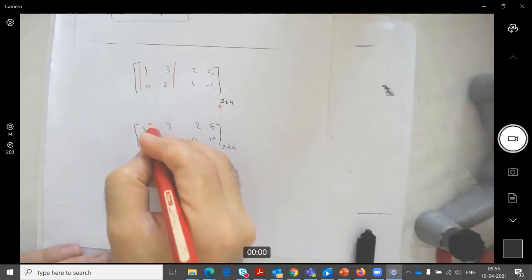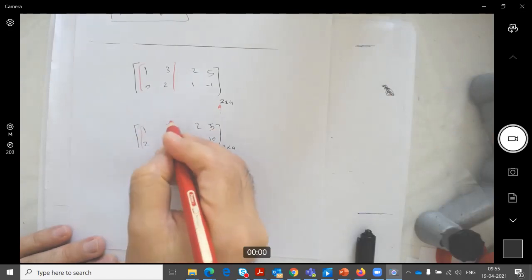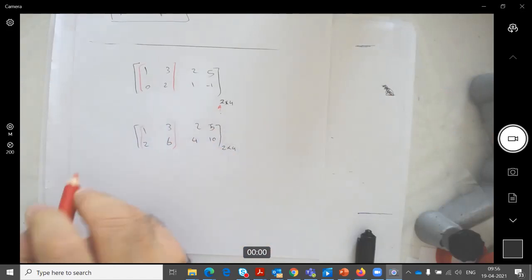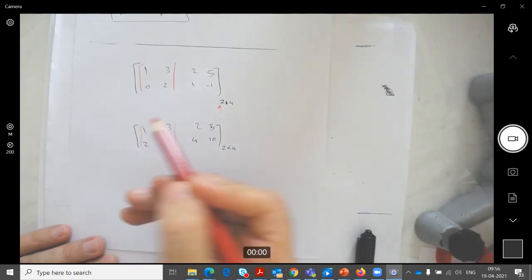Because you don't have two independent rows, because the second row is exactly a function of the first row. So it's the first row multiplied by 2. And any 2 by 2 matrix you select, the determinant would be 0. So if you calculate the determinant, 6 minus 6 is 0.